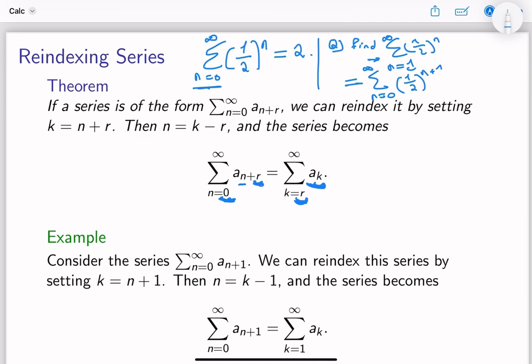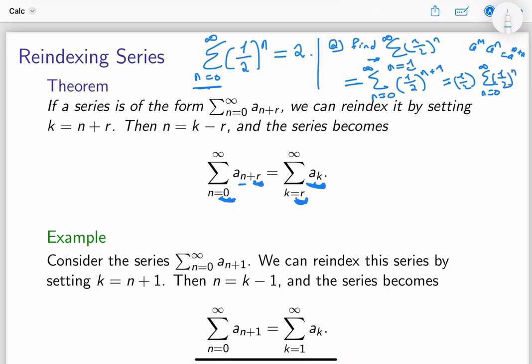In this case, what is that? This is 1 over 2 to the n times 1 over 2, because remember, when we multiply a to the m times a to the n, we add the exponents, a to the m plus n. So a half can be taken out, times the sum from n equals 0 to infinity of 1 over 2 to the n.